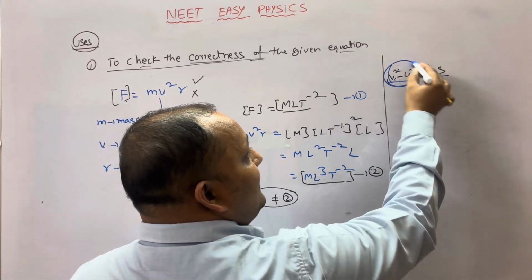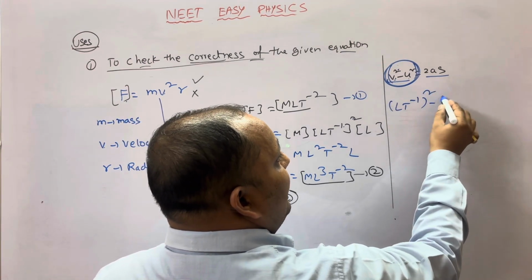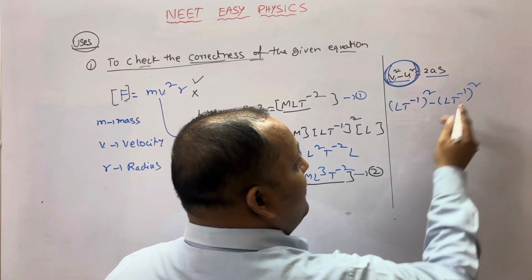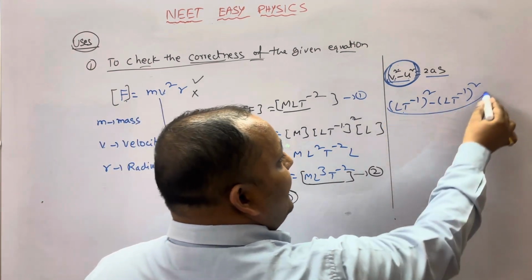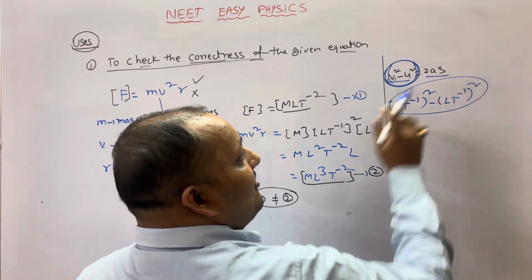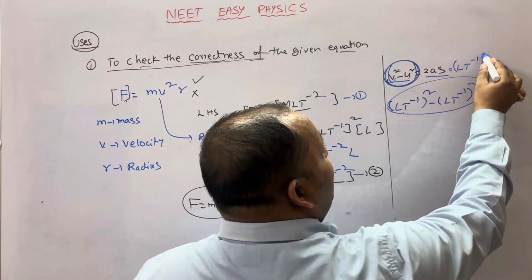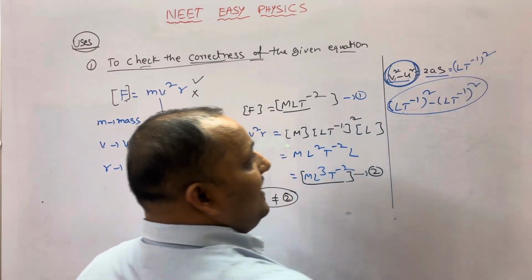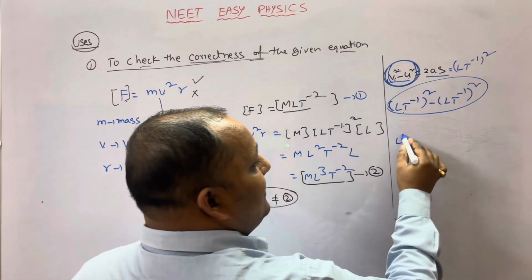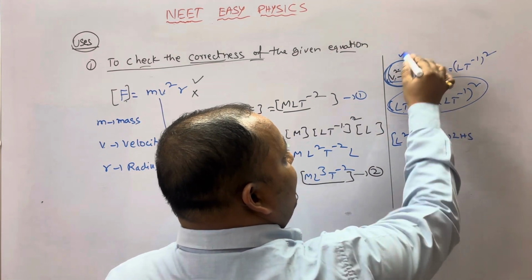So dimensionally, v square minus u square is LT power minus 1 whole square minus LT power minus 1 whole square. Both are the same, so you cannot apply minus to get 0. So v square minus u square is dimensionally LT power minus 1 whole square, that is L square T power minus 2. This is LHS for this equation.